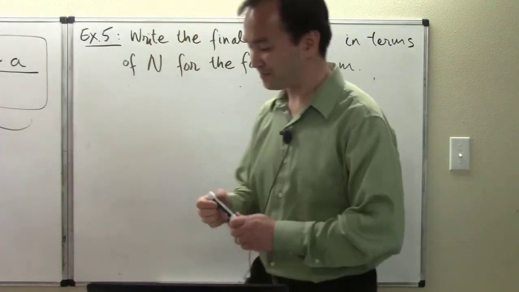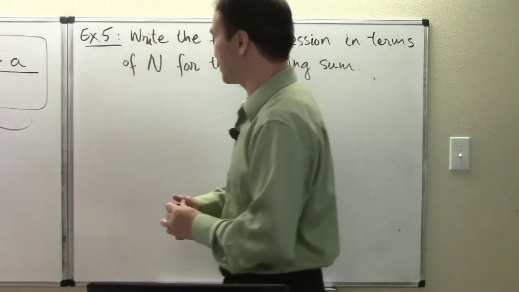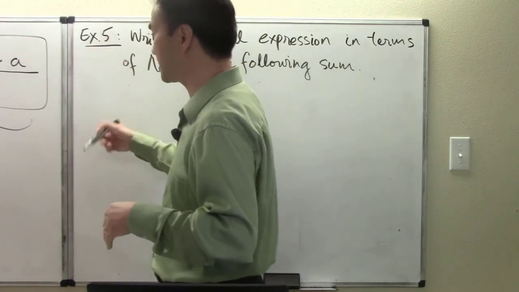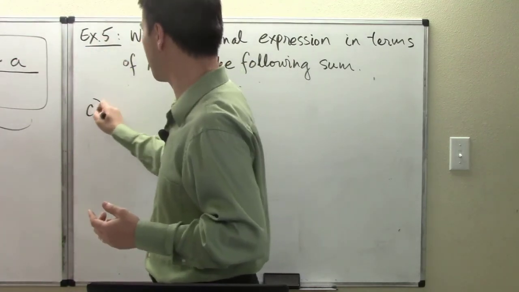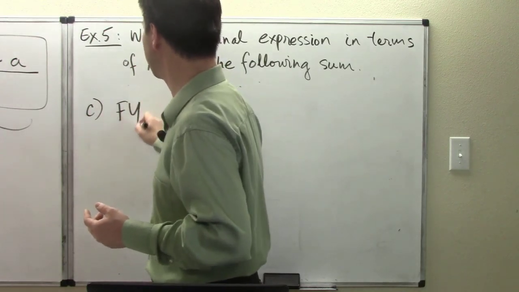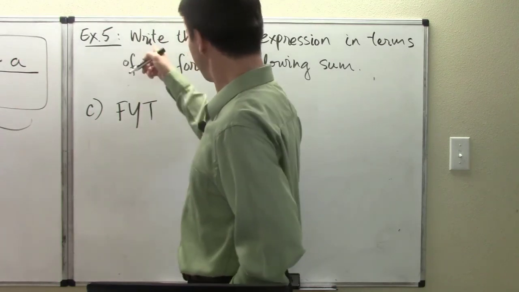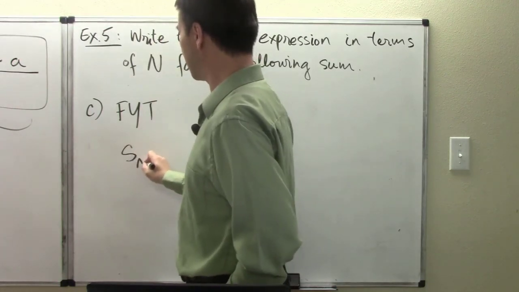So as an FYT, it is another part of example 5, which we can call part C. Let's write the following sum.